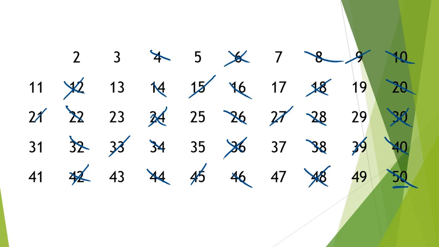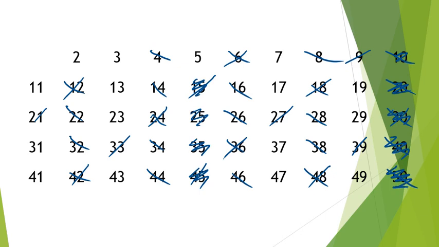Okay, move to the next number up that is not crossed out. That is a prime. We are going to cross out any multiples of that number. So 10, and so on.